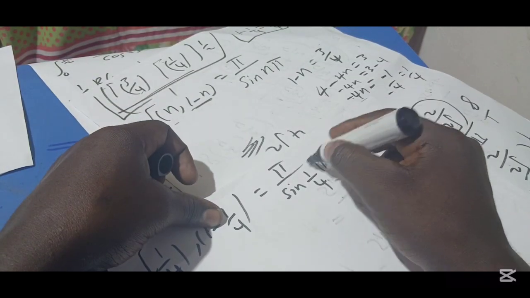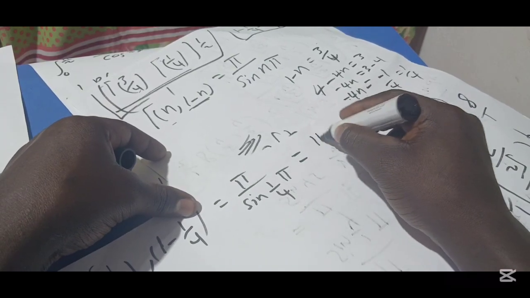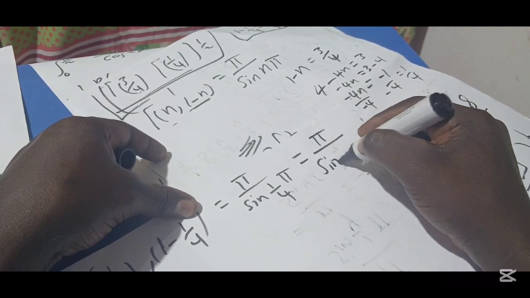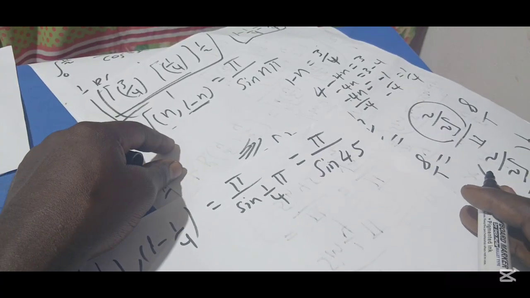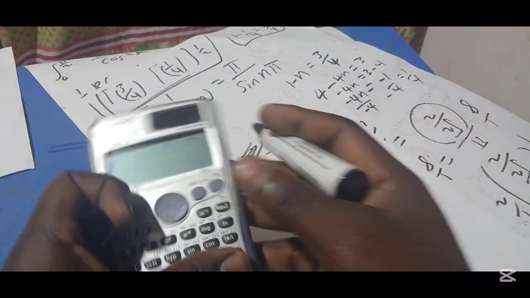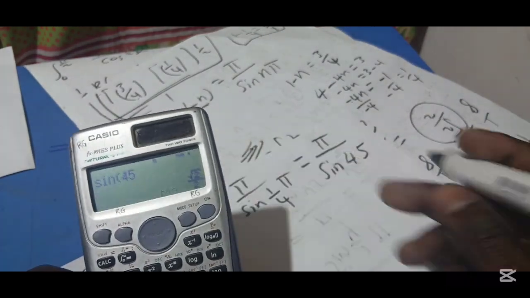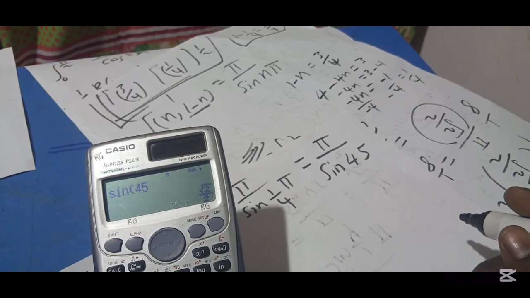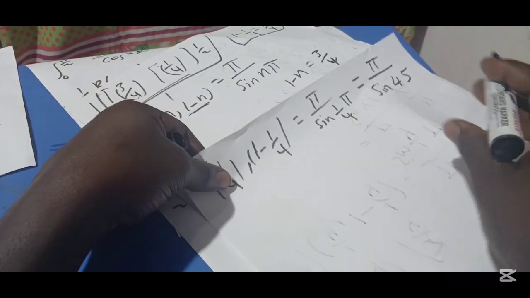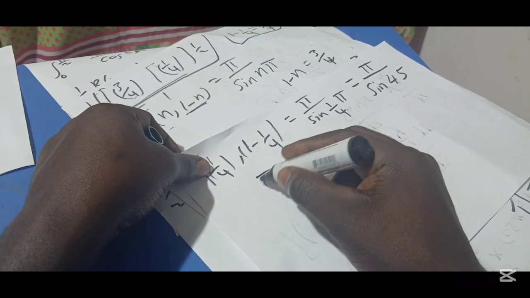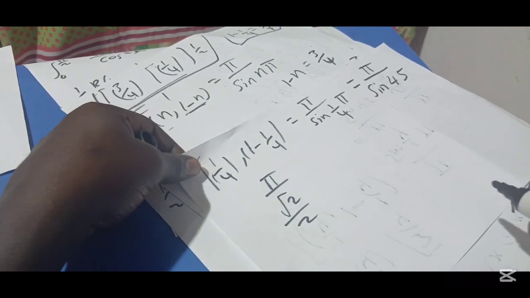So this whole term here is giving us 45. So this can be written as pi on sine 45. And what is the value for sine 45? Square root of 2 on 2. So we have pi on square root of 2 on 2.